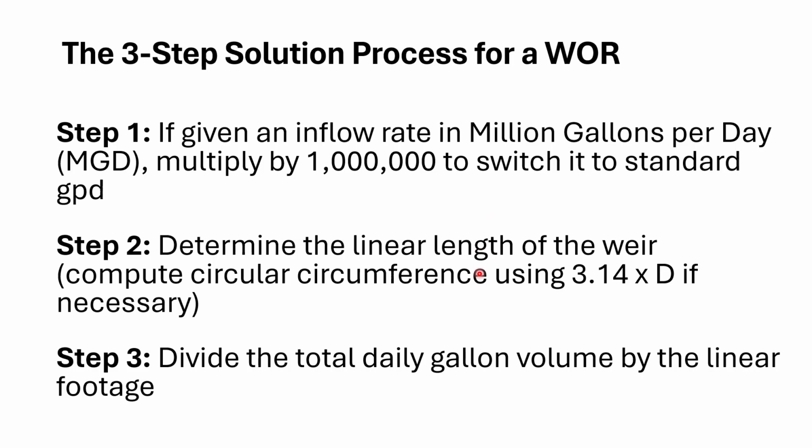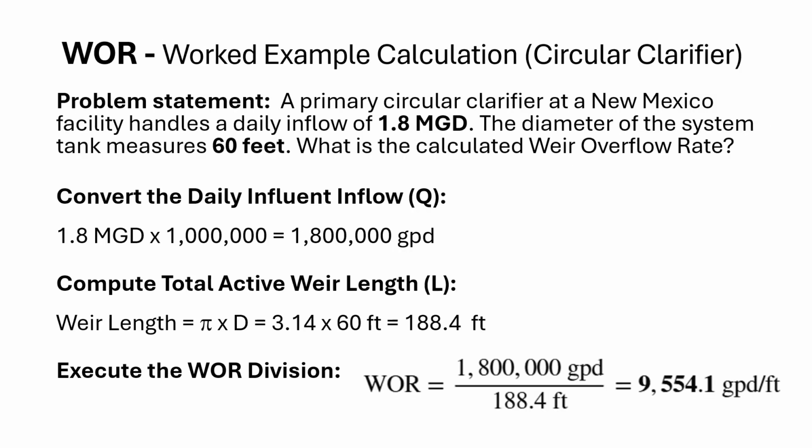Then we find the length of the weir, and for a circular basin or clarifier, it's the circumference, which is pi times the diameter you will be given for that clarifier. Then we simply divide the flow in gallons per day by that circumference, that linear footage.